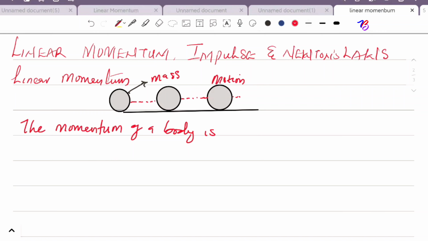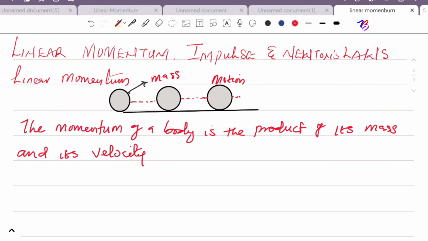So the momentum of a body is the product of its mass and its velocity. When you combine the object and its movement, it gives you momentum.